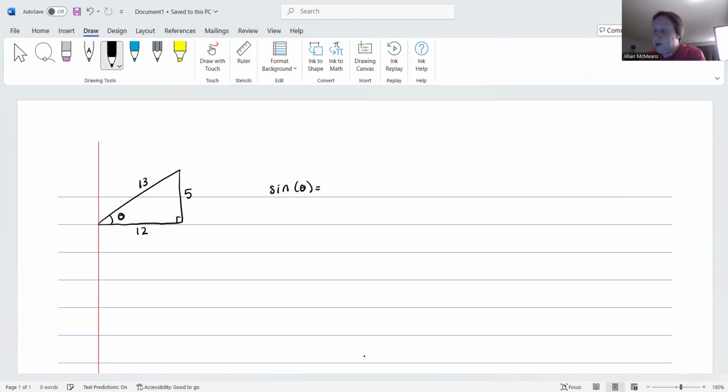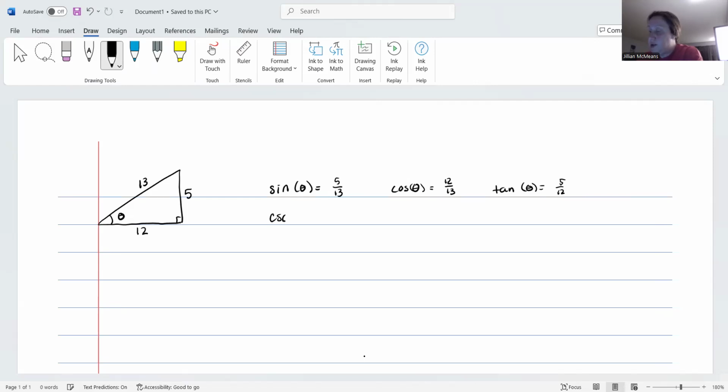Sine has to be 5 over 13 because the relationship between sine of theta and the ratio of sides is opposite over hypotenuse. For cosine, the relationship is adjacent over hypotenuse, so that would be 12 over 13. Tangent is opposite over adjacent, so 5 over 12.